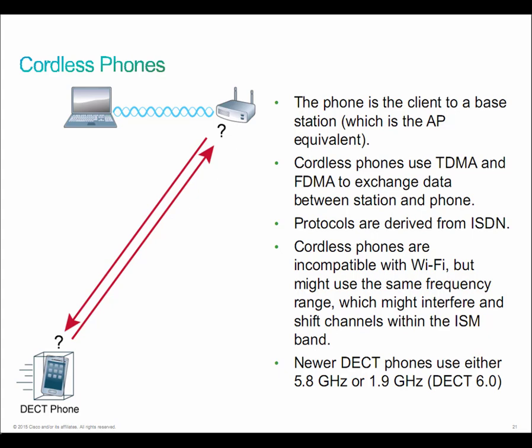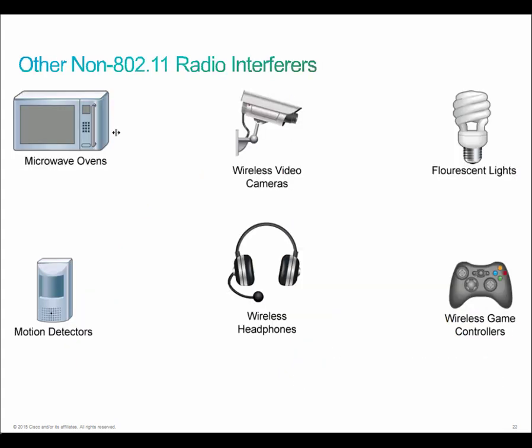There are other non-802.11 interferers that exist. Believe it or not, a microwave. It's interesting because I ran into a scenario recently where I was teaching a class at a customer's facility, and I kept losing my connectivity to the network.